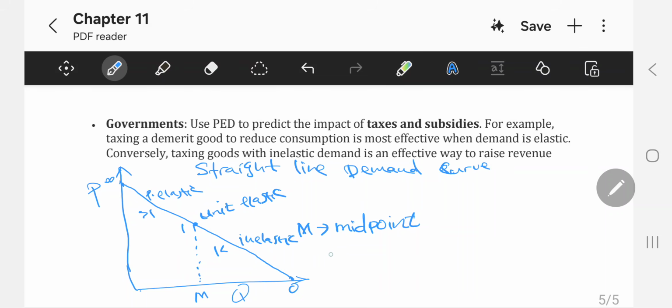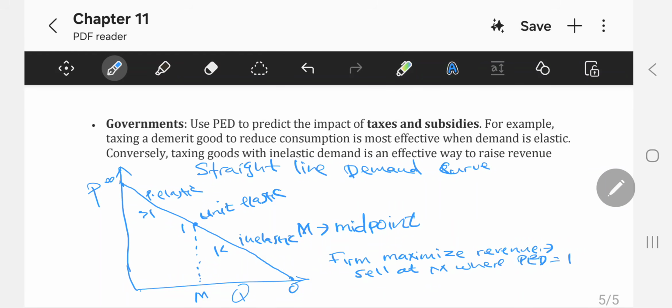Right. Now, if a firm wants to maximize revenue, they should be selling at the point M, where PED is 1. So don't forget that information. If a firm wants to maximize revenue, they should be selling at this point here where it is unit elastic.